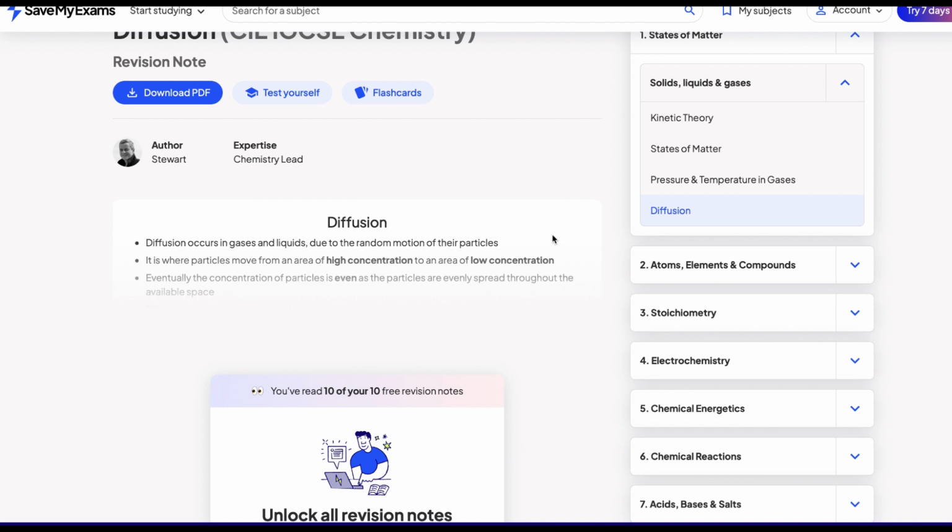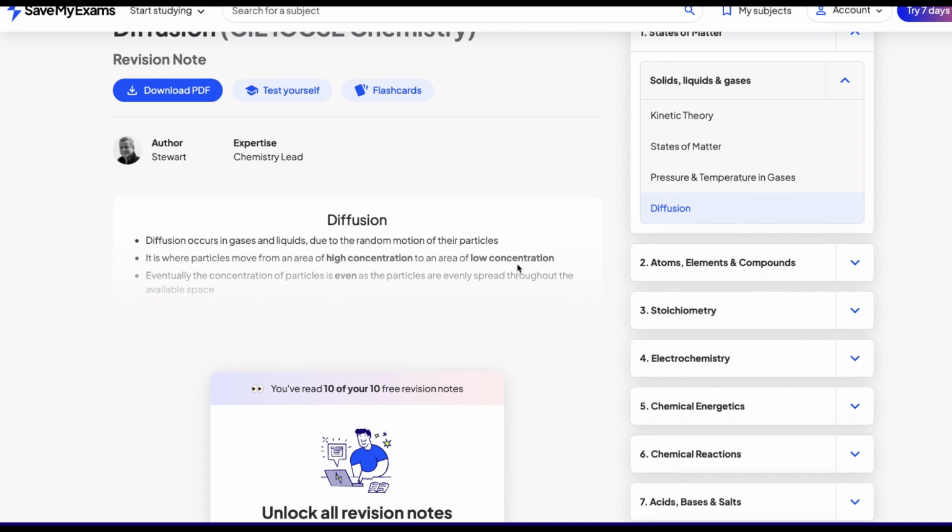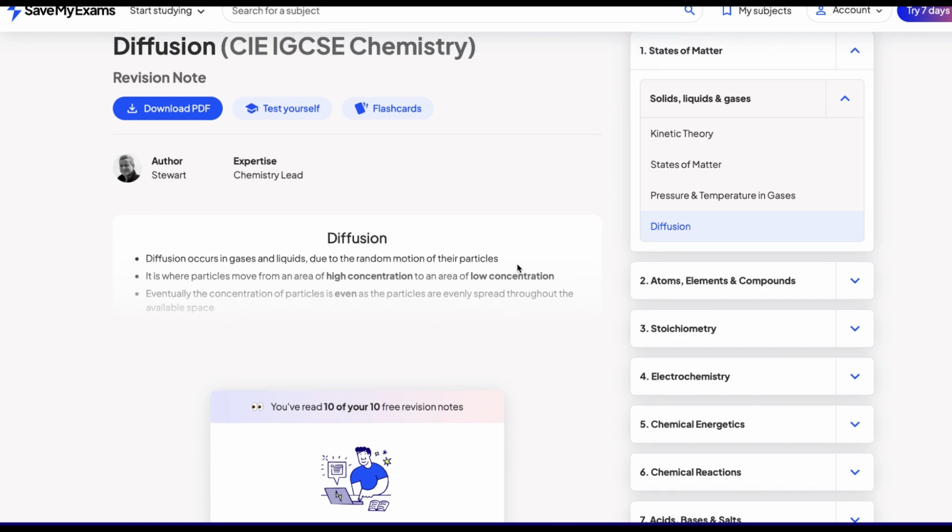Eventually, the concentration of particles is even as the particles are evenly spread throughout the available space. The area where it has the strongest smell is called the higher concentration area, and the area where you can faintly perceive the smell of the gas molecule is called the low concentration area.